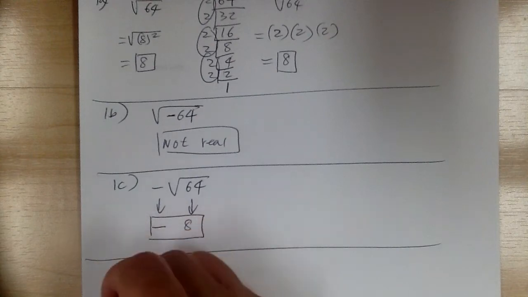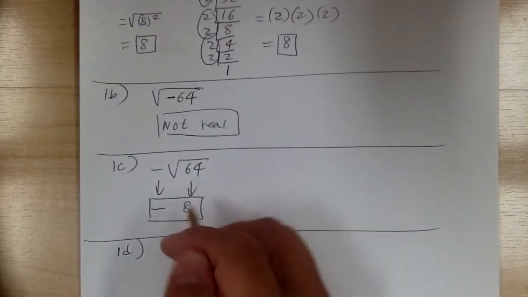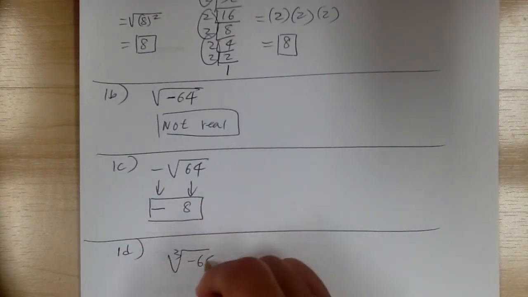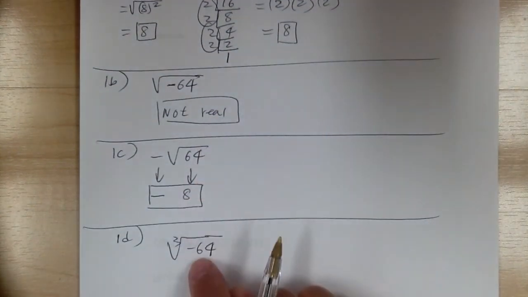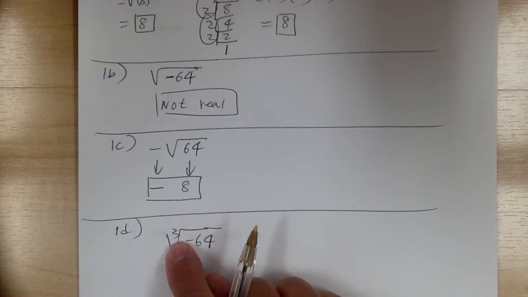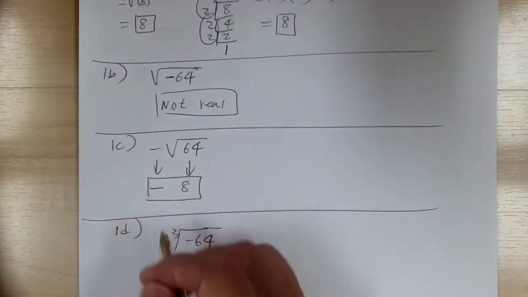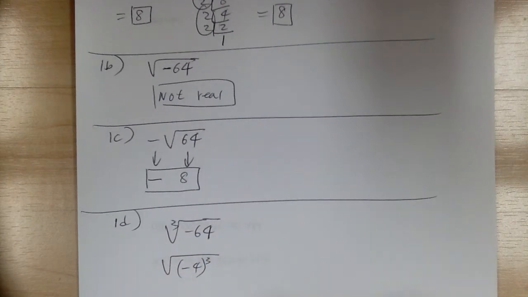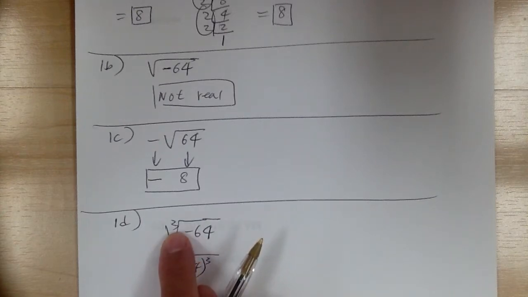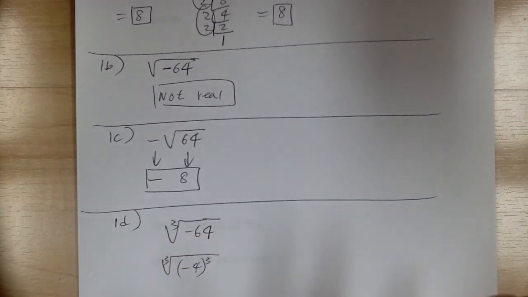And 1D, you have the cube root of negative 64. Now this is different from 1B, because now you can get a negative with the cube. Again, if you do it this way, you can have negative 4 to the 3rd power. Negative times negative times negative gives you negative, right? So when the index is odd, then it's okay.